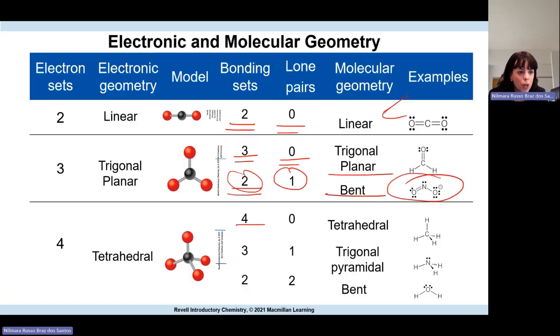If you have 4 bonding sets, we have tetrahedral. 3 bonds and 1 lone pair, trigonal pyramidal, and 2 bonds with 2 lone pairs like water, so we have a bent.